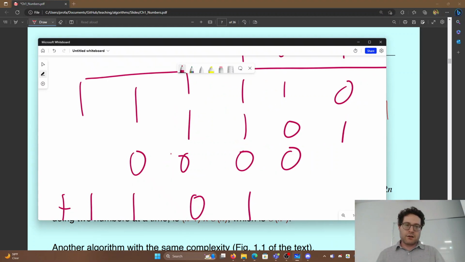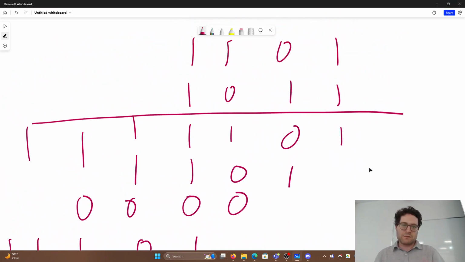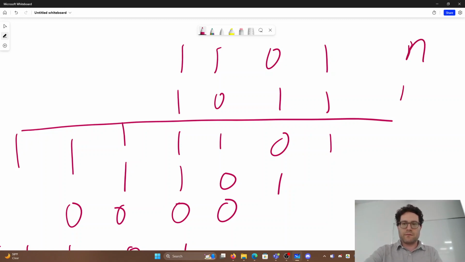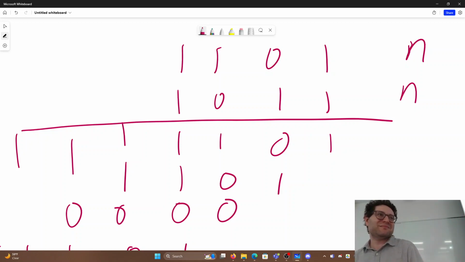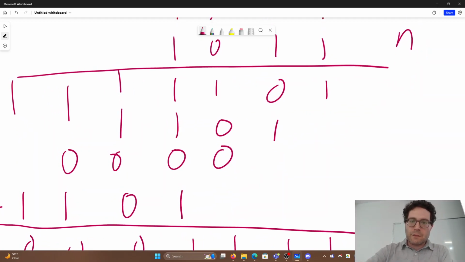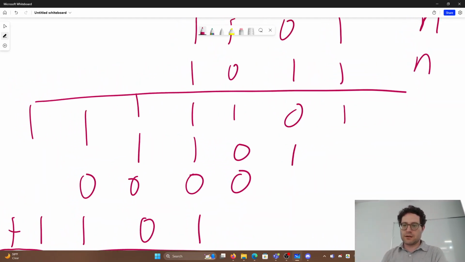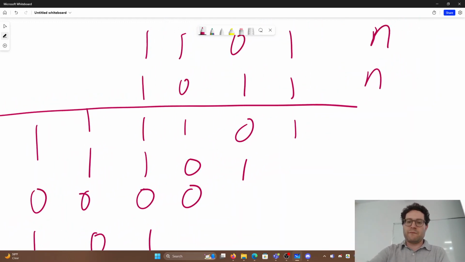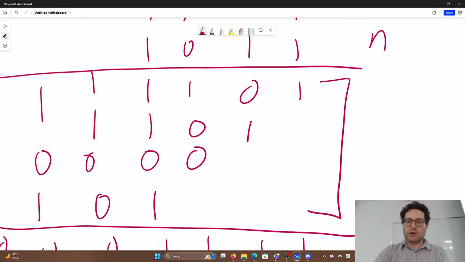If you want to check your answers. So it took us O of n time to write down these, and these are each n bits. Again, worst case scenario, they're each as big as each other. If one was bigger than the other, one would be smaller, so it would be an easier problem. But there are n bits here, and we did a grand total of n addition operations.